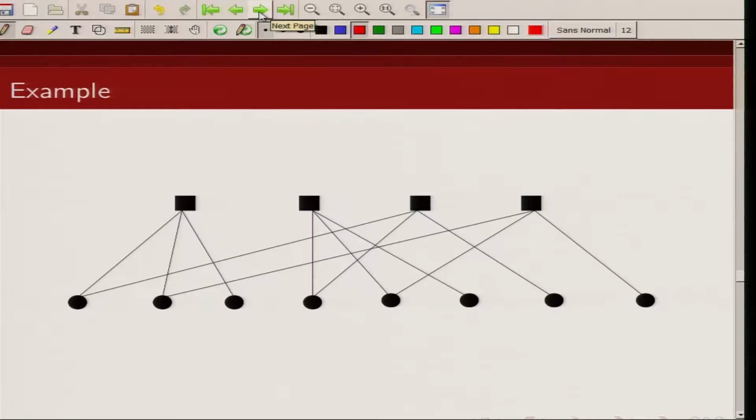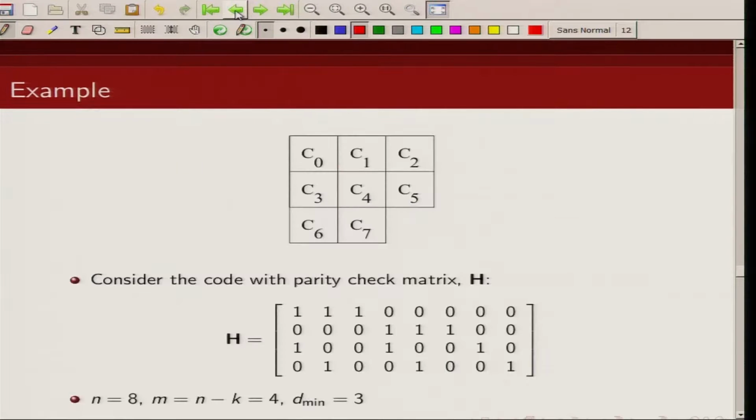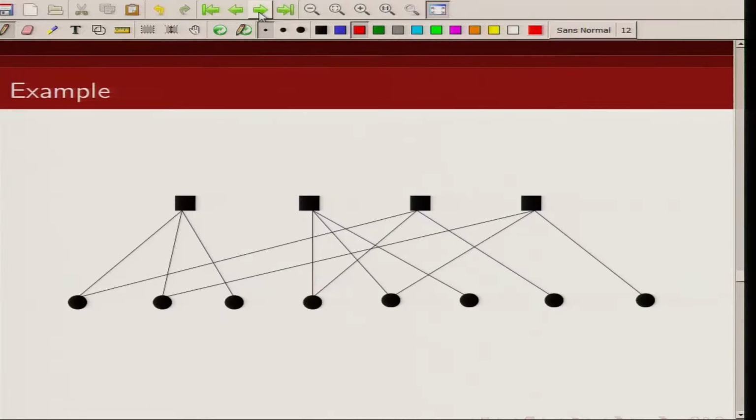This is the Tanner graph corresponding to the parity check matrix, we can just quickly check it. The first parity check equation involves the first 3 bits. You can see the first parity check equation involves this, this and this.